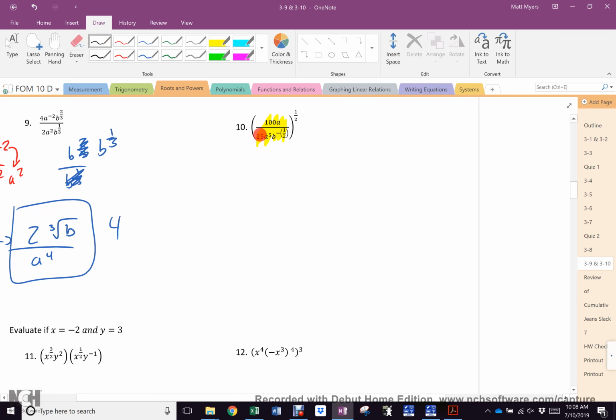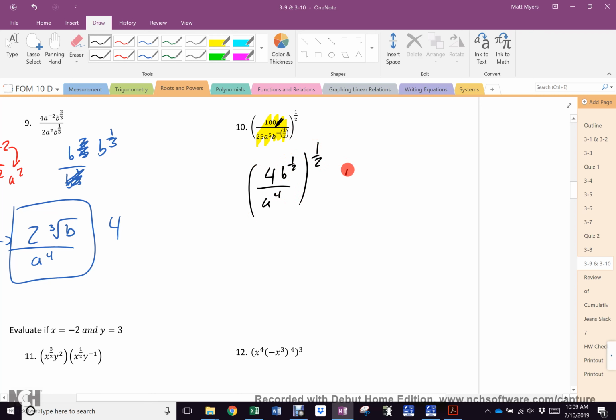What's 100 divided by 25? 4. A on top, 5 A's on the bottom. So that A disappears, and there's 4 A's on the bottom, right? And that negative 1/2 b comes up here and becomes positive 1/2, yes? Now all that's to the 1/2. Now that's a little tidier, yeah?